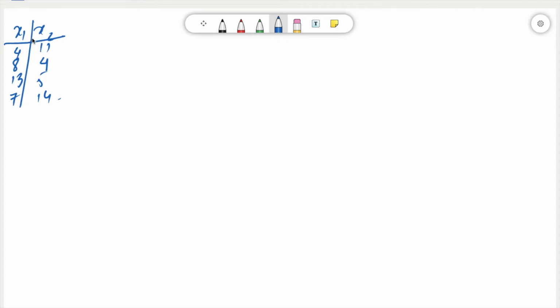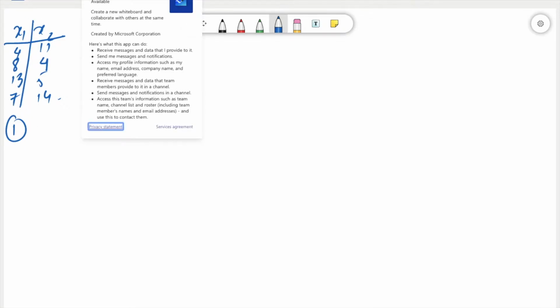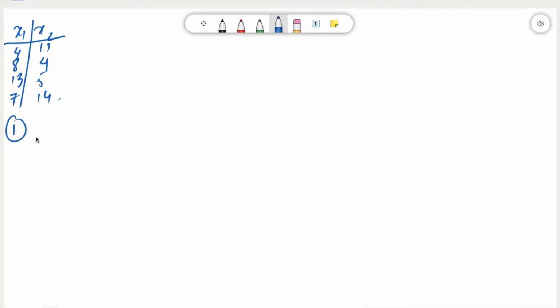So here x1 and x2 are the two features. Let's start. The first step is to calculate the mean of the variables. The number of features here is n equal to 2, and the number of data points is capital N equal to 4, which is the number of rows.